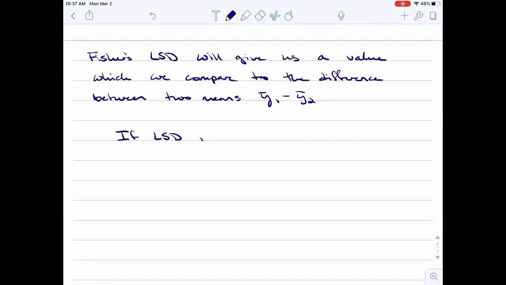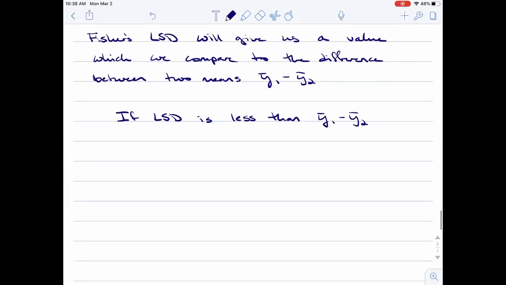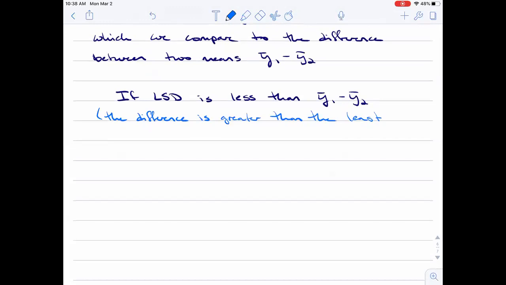If the LSD is less than y1 bar minus y2 bar, meaning the difference is greater than the least significant difference, I'll put that in the notes here, only because I find it's more helpful if you phrase it that way.